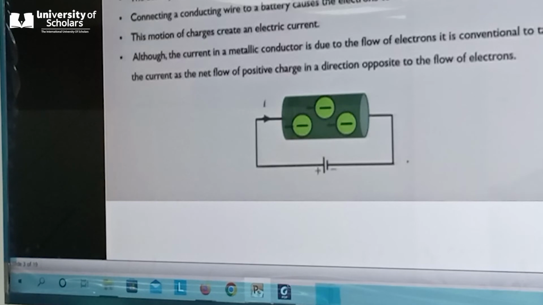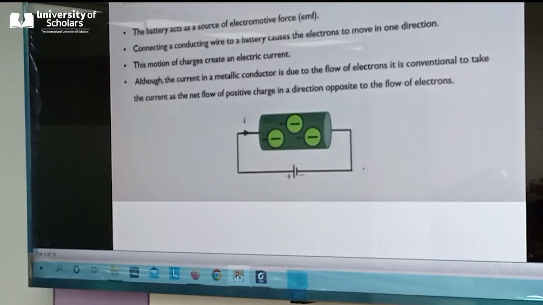So the motion of charge creates the phenomenon called electric current. Although current in a metallic conductor is due to the flow of electrons, conventionally it is taken as the net flow of positive charge. So if you see the figure, you will see that the flow of current is opposite to the direction of the flow of electrons.